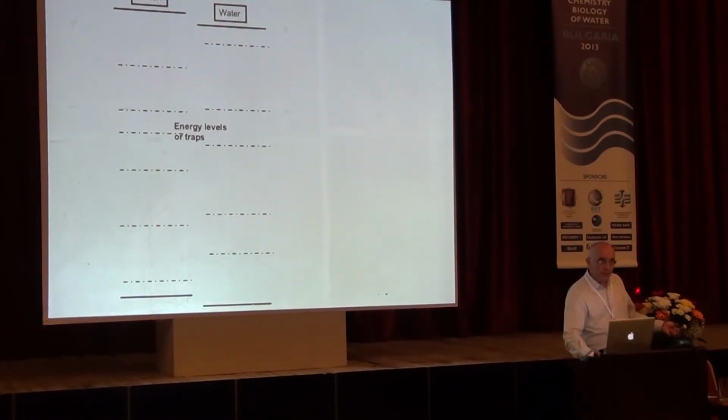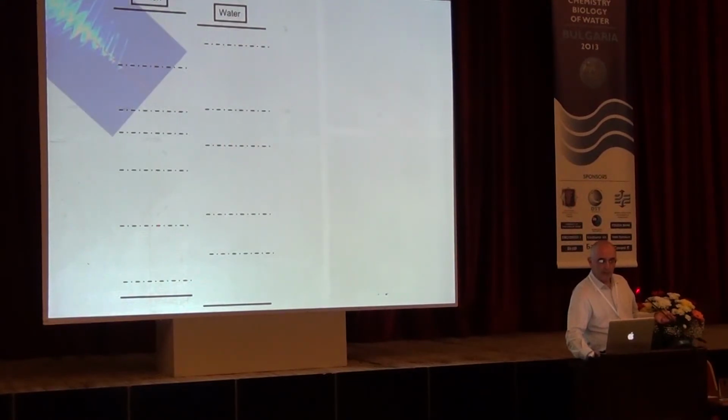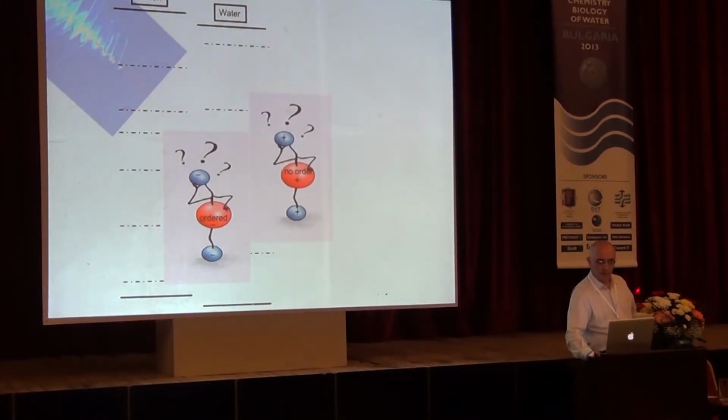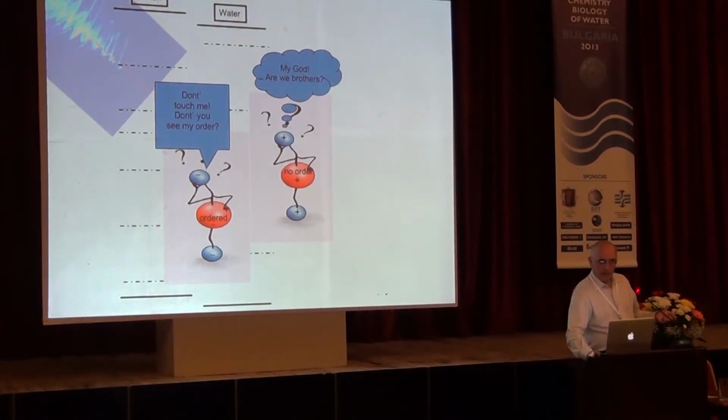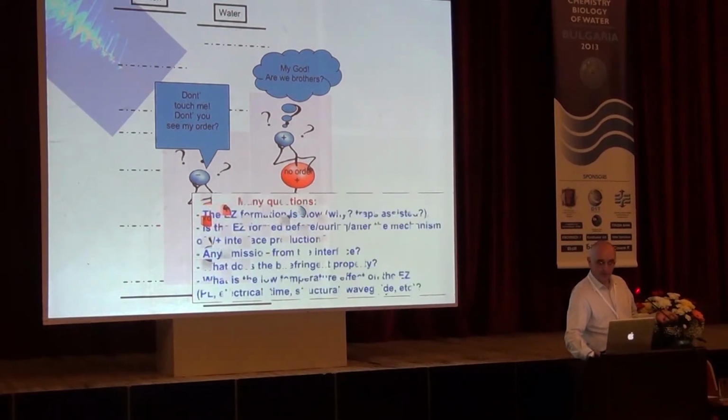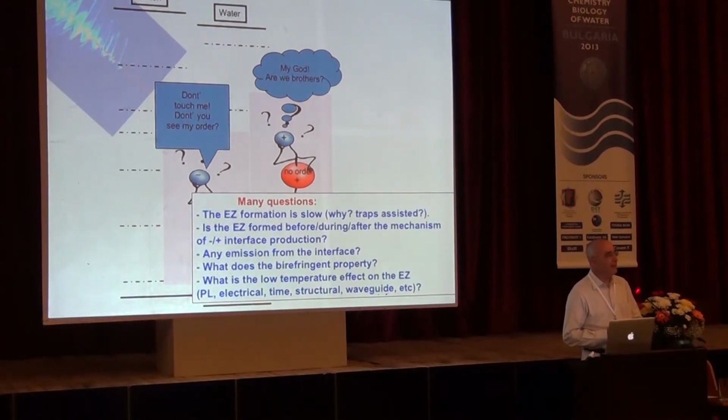So they can be considered as traps or energy levels. And in this case, when we shine the light, we get negative charge on one side and positive charge on the other side, and this is striking, because negative charge and positive charge should always get together in physics.